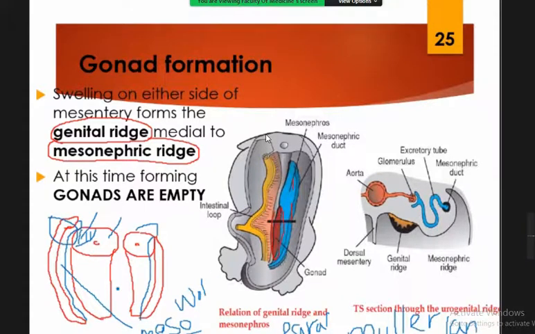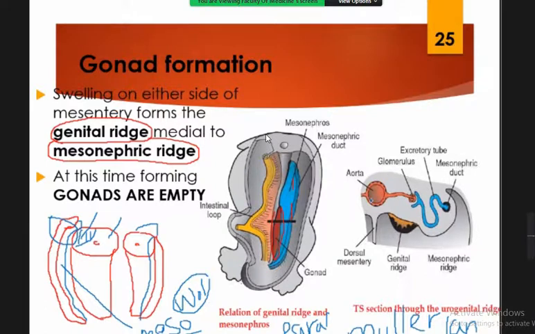And these two play an important role in the genital system. Don't forget that the Wolffian duct is generally derived from the mesonephric ridge or the nephrogenic cord, but it still has a contribution to formation of the genital system.